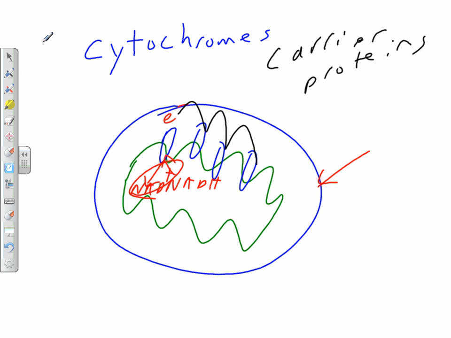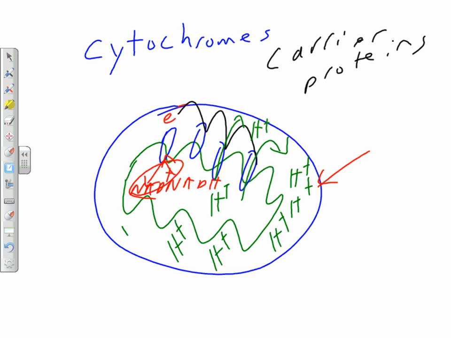Remember, an H plus is a proton. And the way they do that is they take H pluses from inside the matrix in here, and they pump them into this space between the two membranes. So they pump H plus into this space. So H plus starts to build up out here. Lots of H plus builds up in this space between the two mitochondrial membranes.